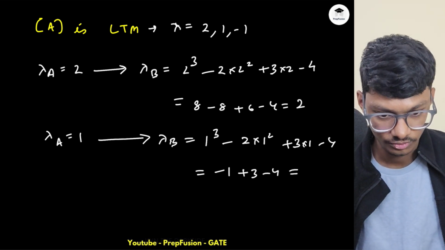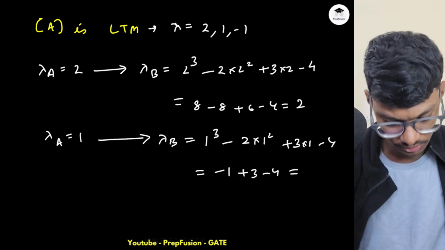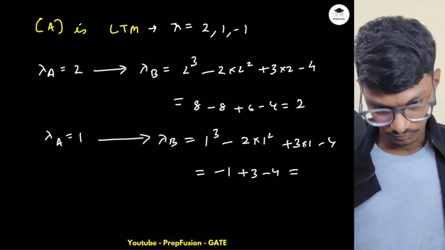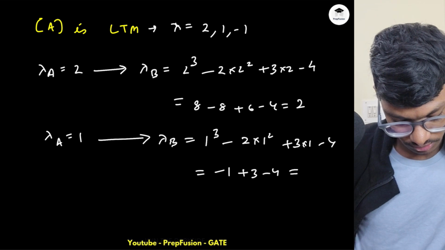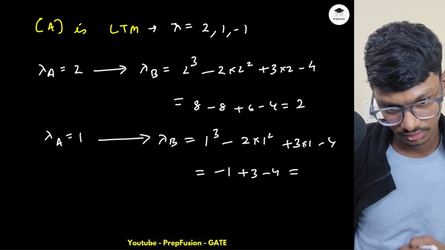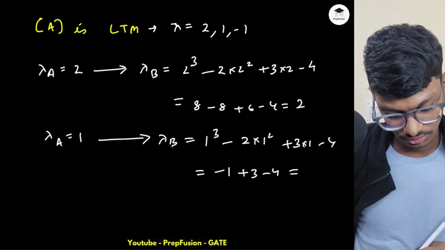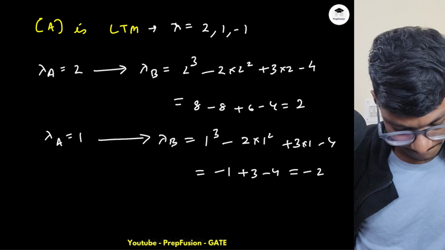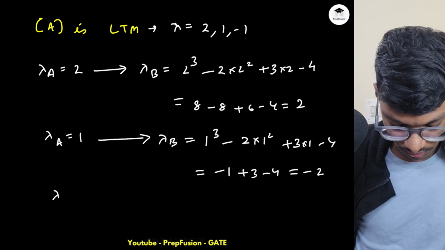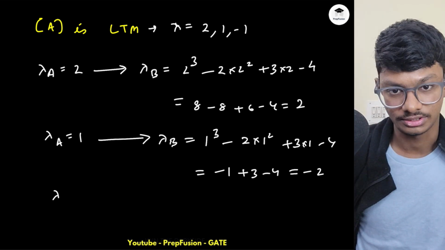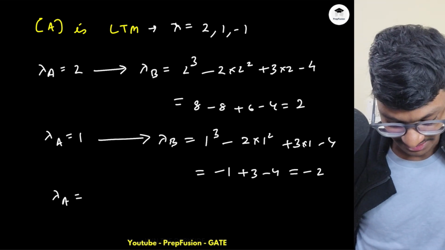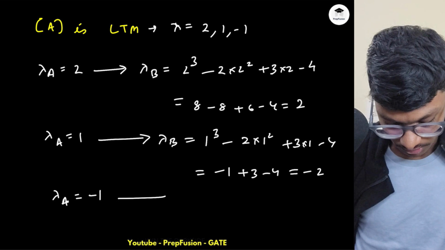Am I doing something wrong? This is 1, minus 2, so 3 minus 5. Okay, this is minus 2. Just hold on a second, I'm thinking about something. Am I missing something? Now this is corresponding to minus 1.